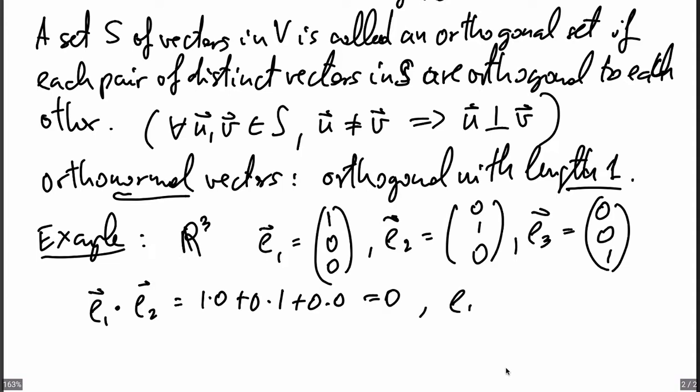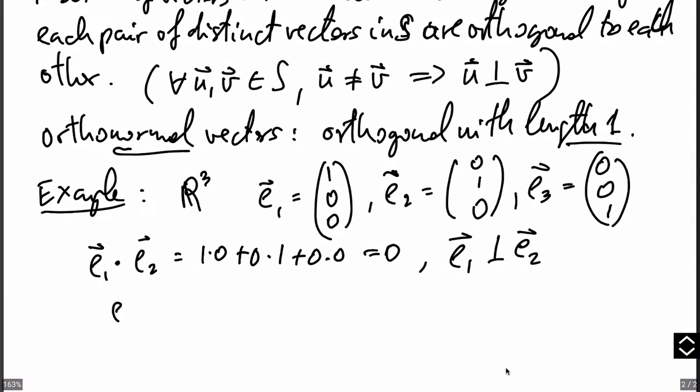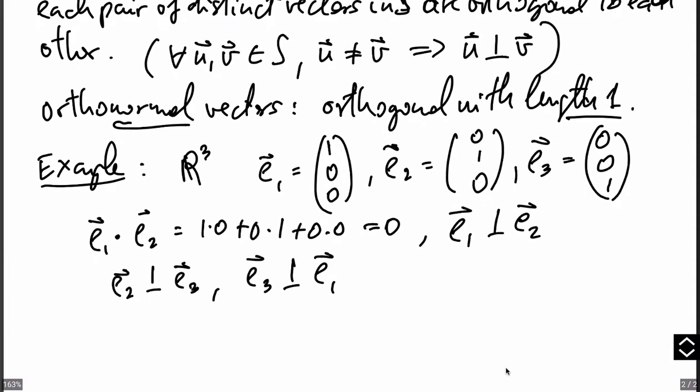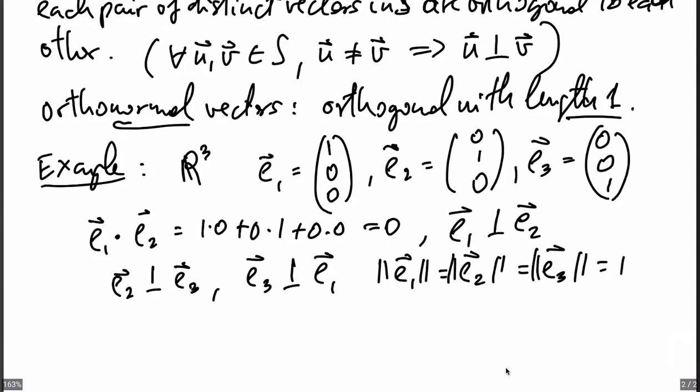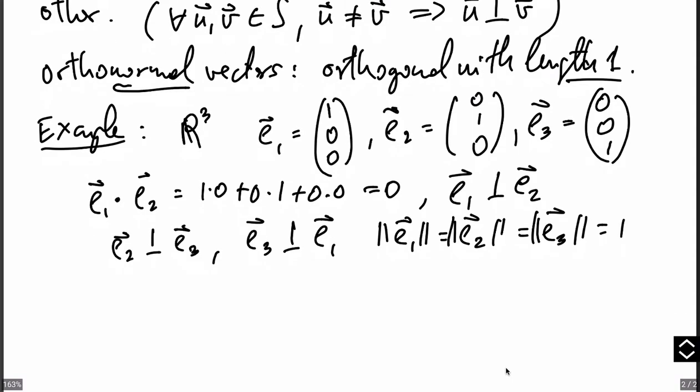So that means e1 is orthogonal to e2. And similarly, e2 is orthogonal to e3, and e3 is orthogonal to e1. And actually they are orthonormal because their length is 1. So they form an orthonormal set.